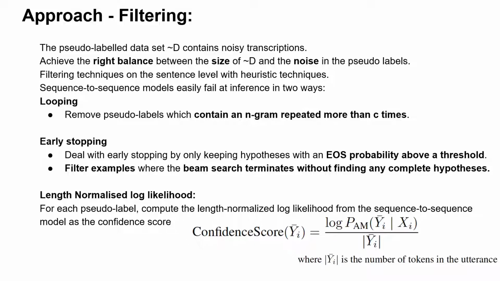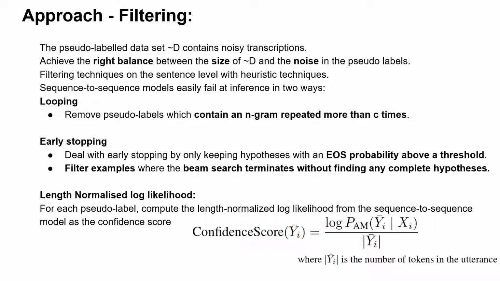In the case of filtering, let us say the data set contains noisy transcriptions. We have to have the right balance between the size of the data and the noise in the pseudo labels, and we will apply the technique at the sentence level.